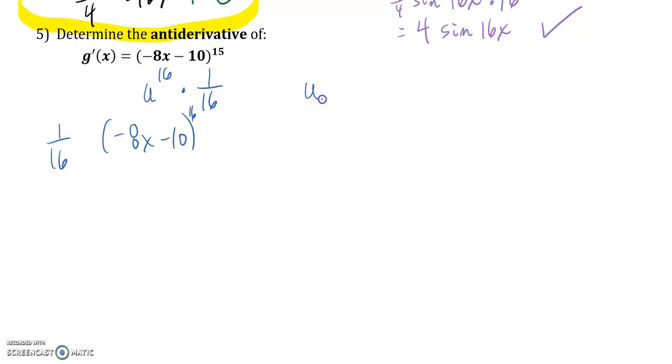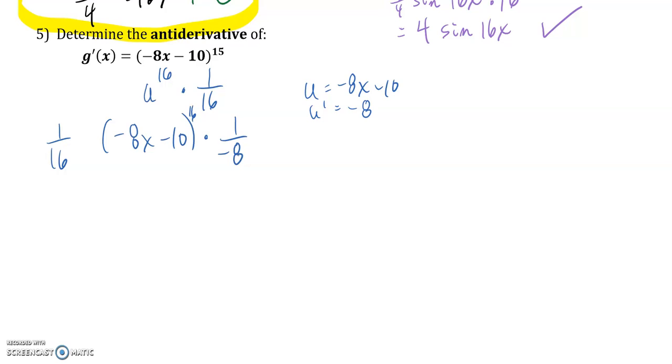And then I need to consider this u, because its derivative will also factor into the process, and that is -8. So to counteract -8 being multiplied by the function when I do the derivative, I'm going to have to get in there a times 1 over negative 8.